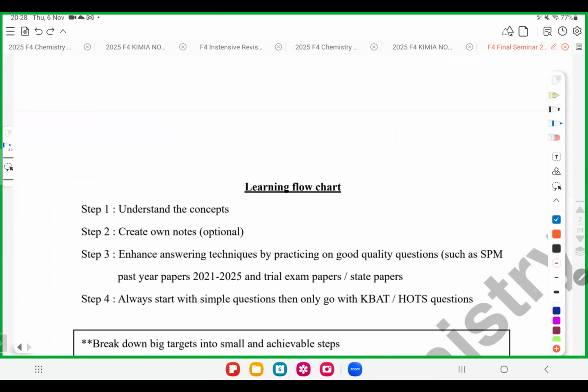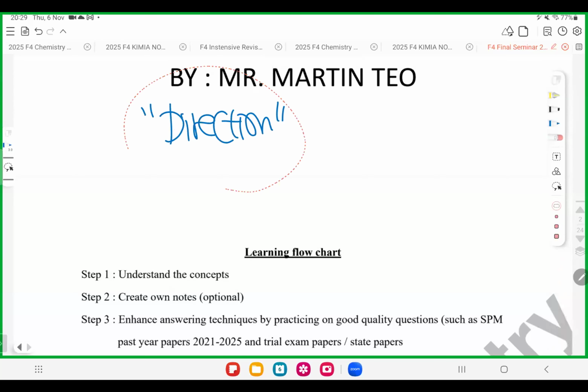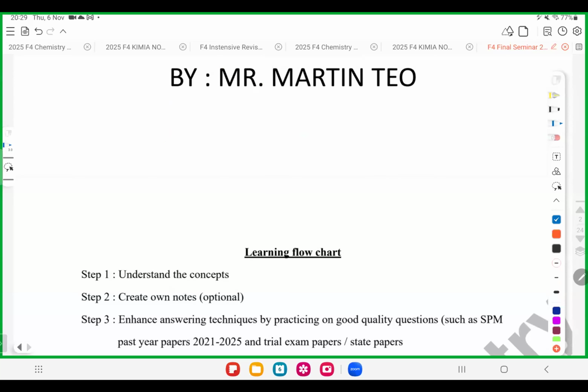That is not the purpose, because there is no way I can teach you the entire syllabus in 2 hours. So I just give you a rough idea to give you a direction. Today my objective is to give you a direction so you know what you should do.